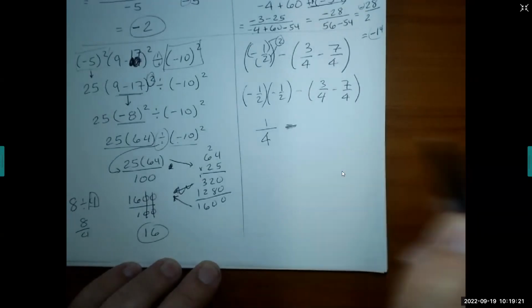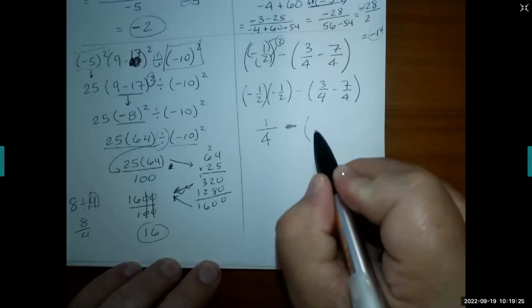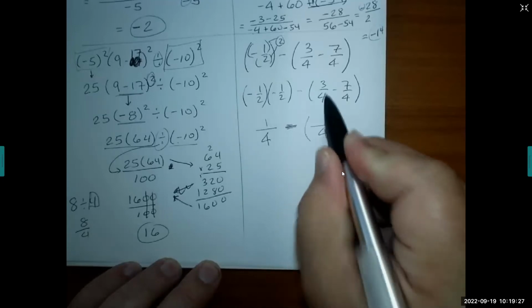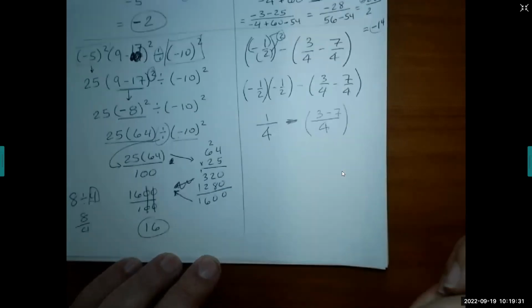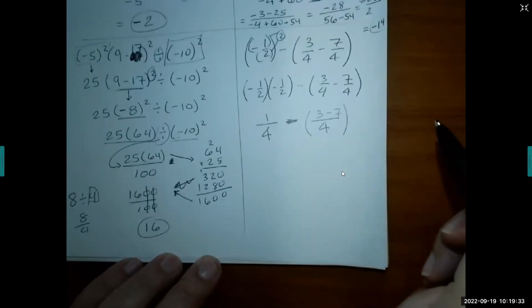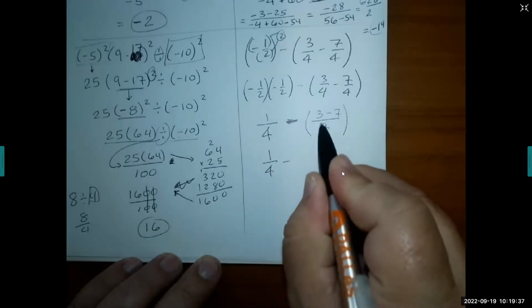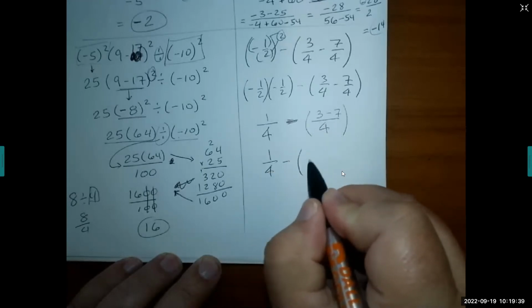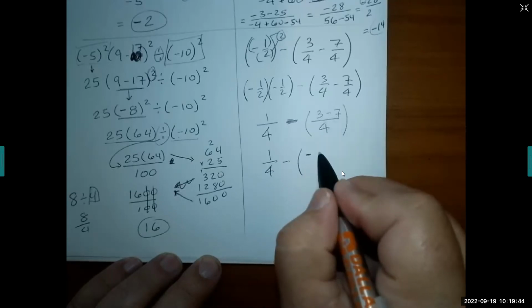Minus, not equals. Since the bottom numbers are the same, we just worry about the top. Three minus 7. 7 is bigger than 3, so it's negative. 7 minus 3 is 4.